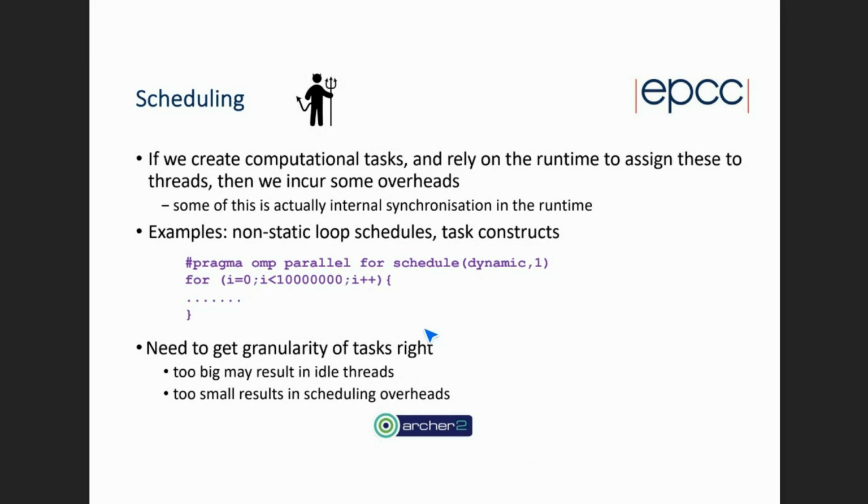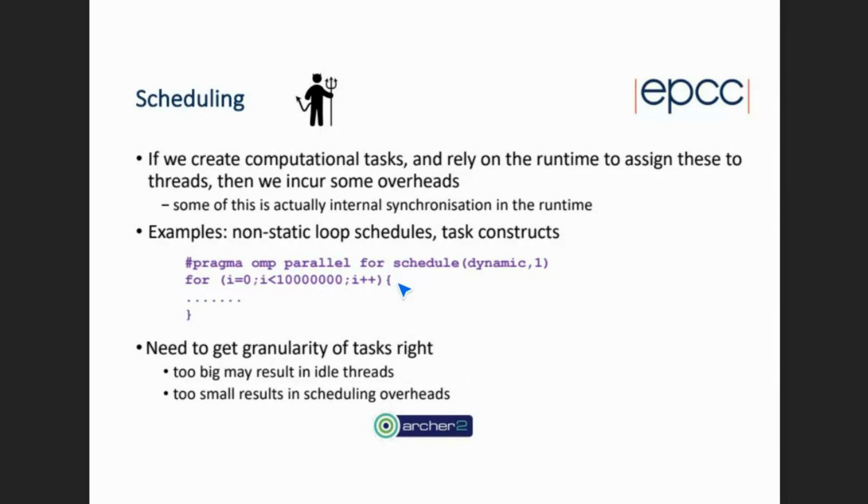If you have a very long loop where the loop body doesn't do very much, and you specify a schedule dynamic with a chunk size of 1, then you can easily get into an awful lot of overheads, because every single loop iteration needs to be dynamically scheduled and some synchronization has to happen in the background somewhere.